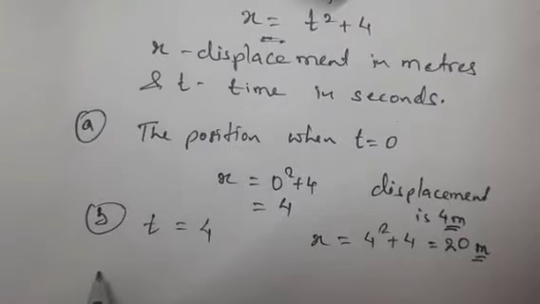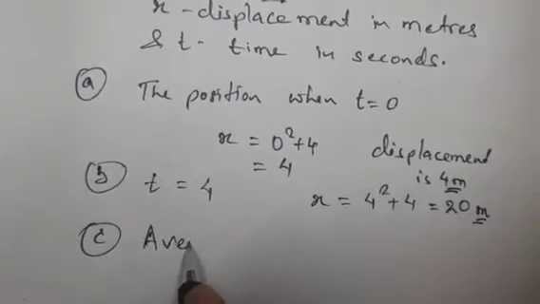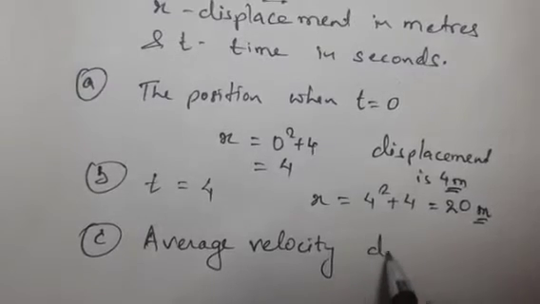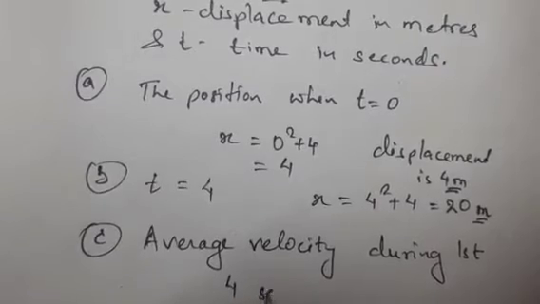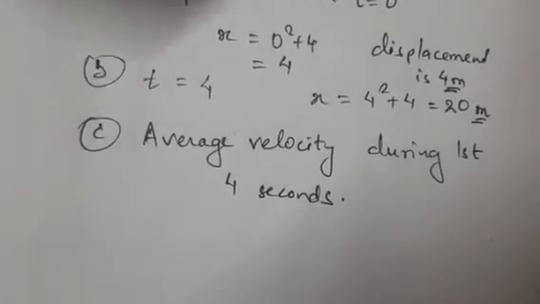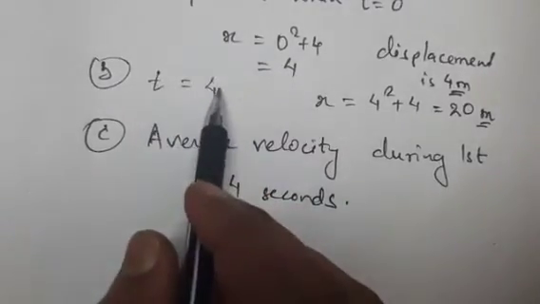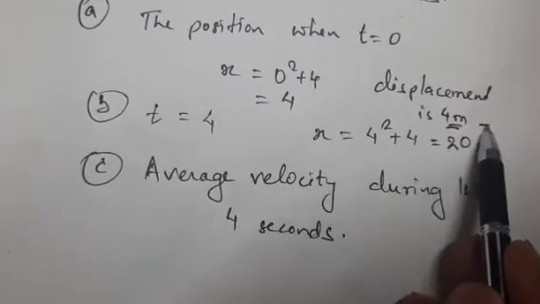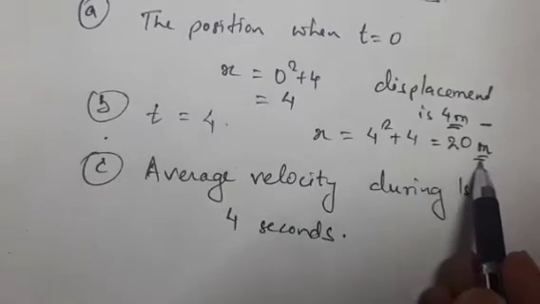Now we have to find the average velocity. In the third case, average velocity during the first 4 seconds. For the first 4 seconds, in part A and part B of the question, at time t equals 0, displacement was 4 meter, and at time t equals 4, displacement was 20 meter.